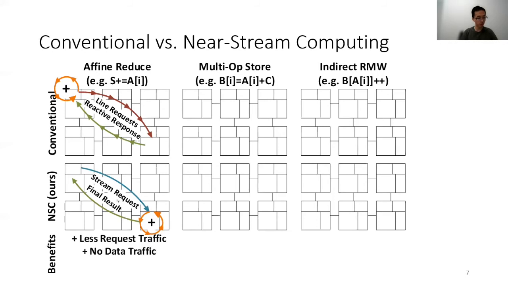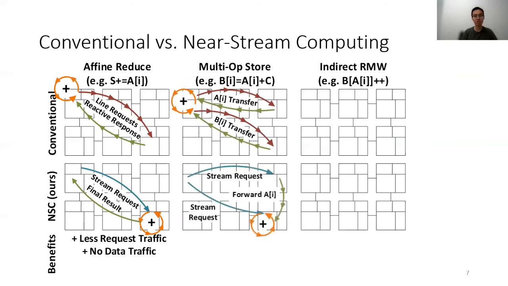This reduces the request traffic, and there is no data traffic at all. For operations involving multiple affine streams, instead of fetching all arrays to the core, we can offload the streams to the LLC, with operands forwarded to the consuming stream and the operation performed in place. This reduces data traffic, and there are no writebacks at all.